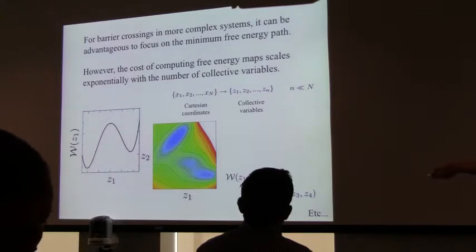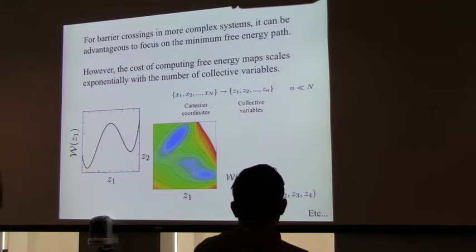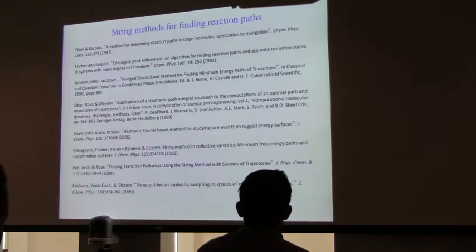So it certainly makes no sense to try to map out the entire function, but there is a complete set of methods that do not aim to compute the full surface, just aim at finding a pathway in that space that would go from one basin A to a basin B according to some minimum free energy or more likely pathway, more probable pathway.